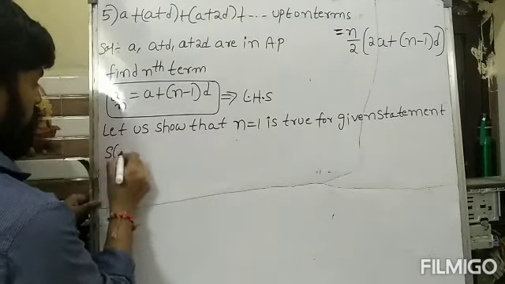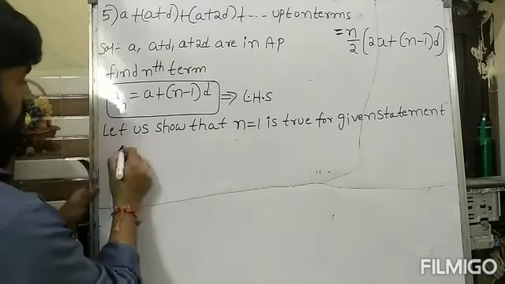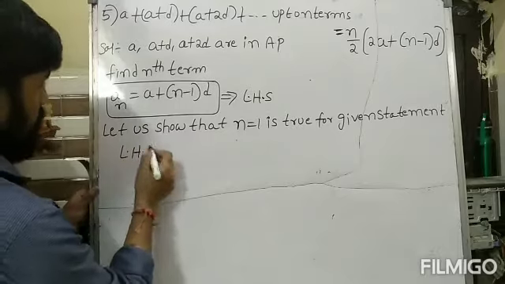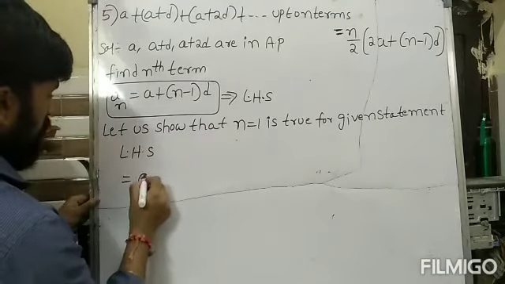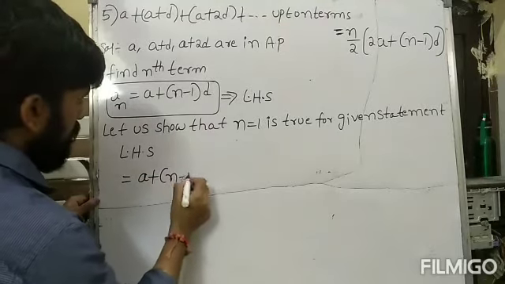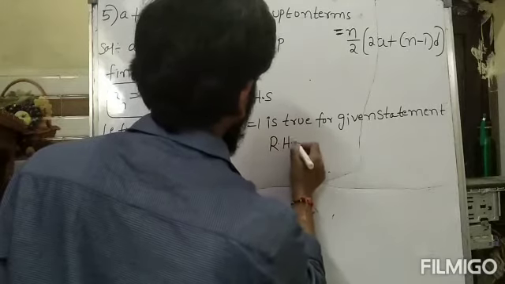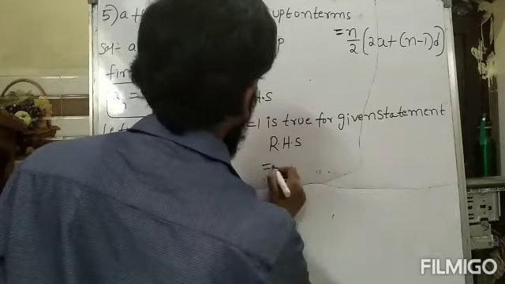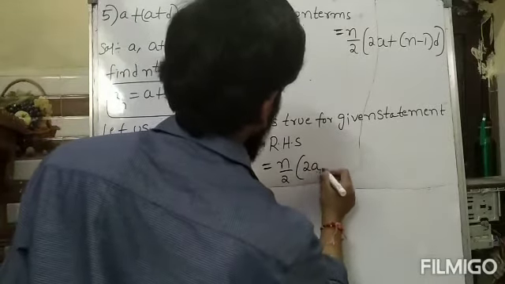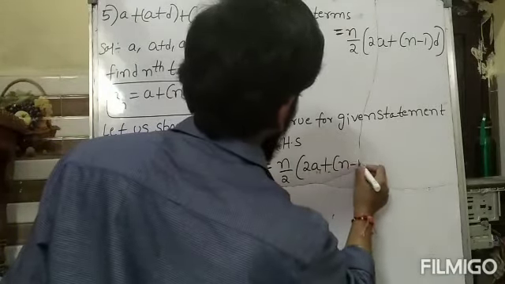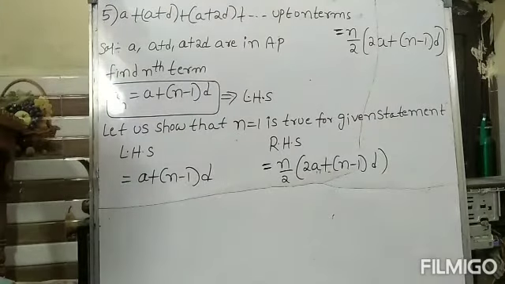In the place of n we first write the LHS. What is the LHS part? This is the LHS part, that is a plus n minus 1 into d. Write the RHS part here. RHS, that is n by 2 into 2a plus n minus 1 into d.